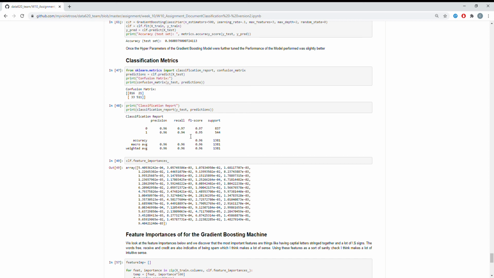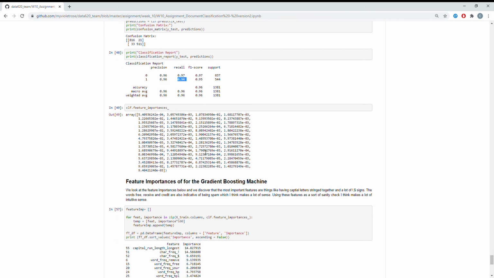Maybe we're more concerned with the true positive rate, or capturing all the positives. So it's something to consider. This is true positive over true positive plus false negative. So basically, how many of the spam are we capturing? And we're only capturing 94%, which is pretty good, but still.